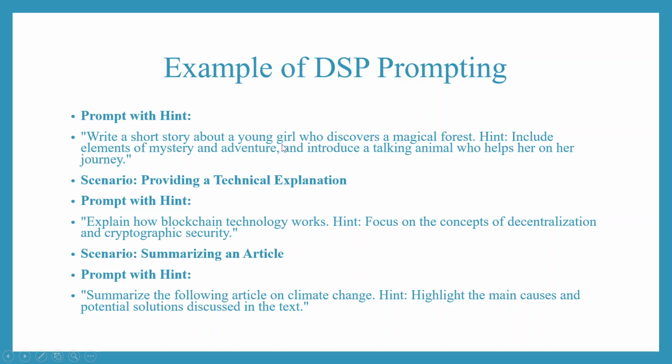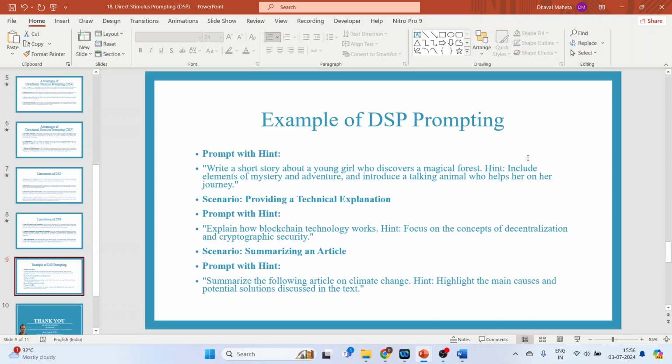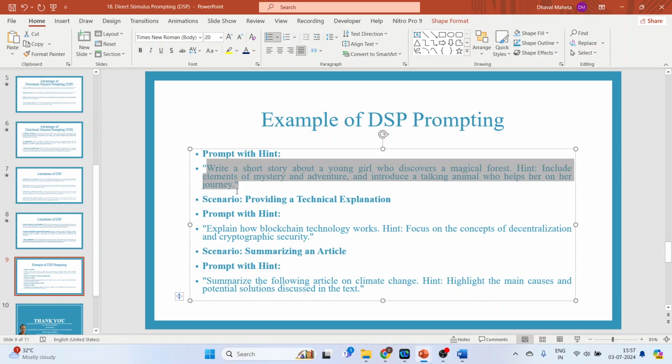So these are the examples of DSP prompting. Write a short story about a young girl who discovers a magical forest. Hint: include elements of mystery and adventure and introduce a talking animal who helps her on her journey. So let's copy this. I'll copy this prompt with the hint.